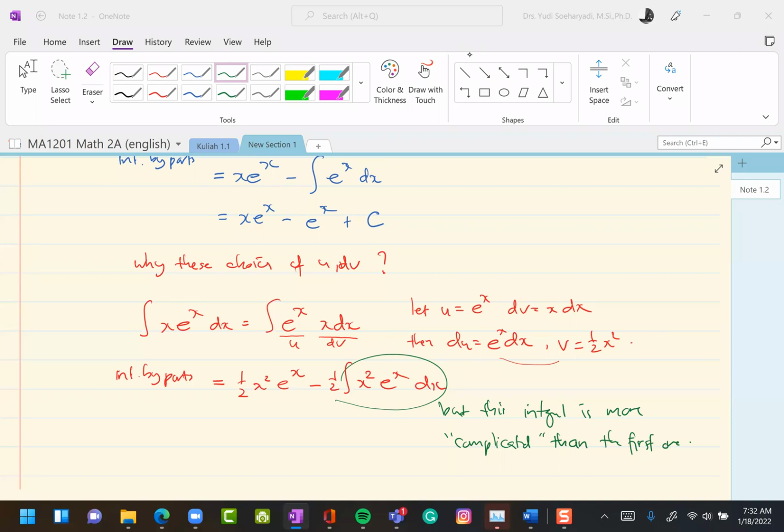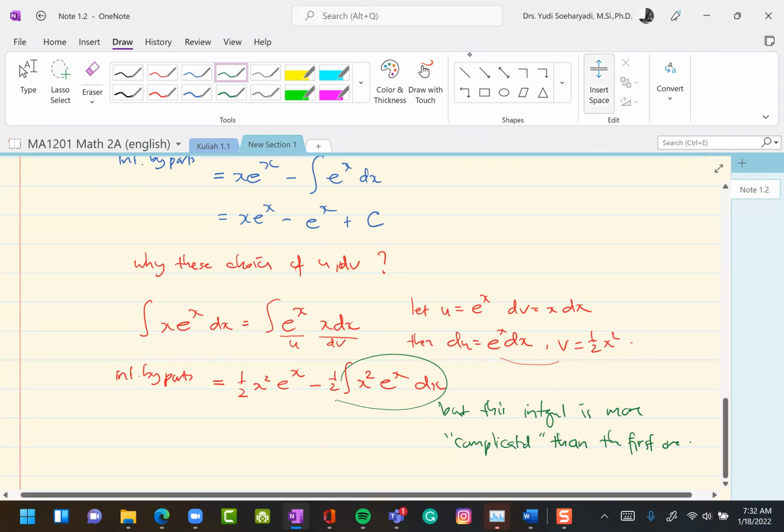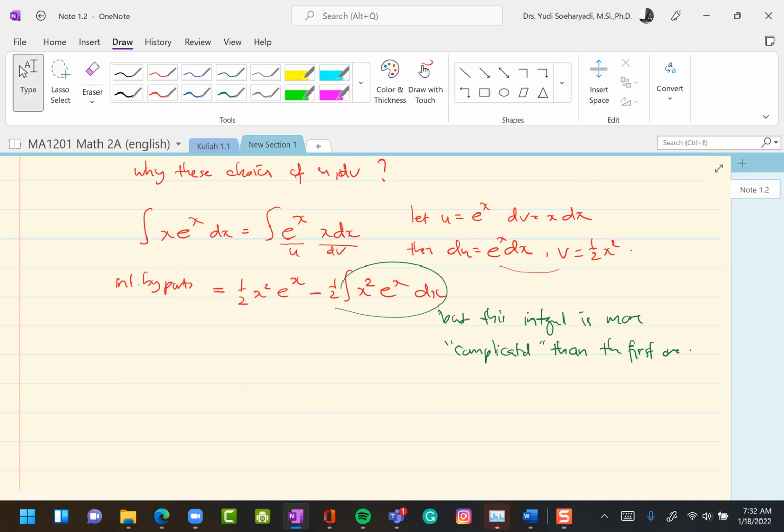All right. So this is correct, but this doesn't give you the answer. Okay, so far this is correct. So this does not simplify the problem.